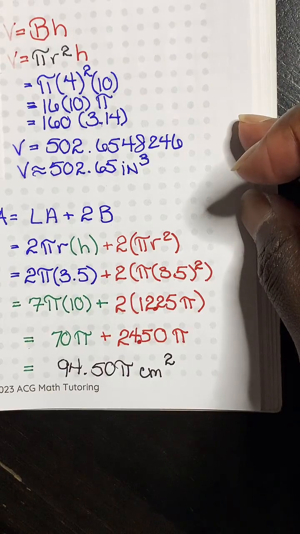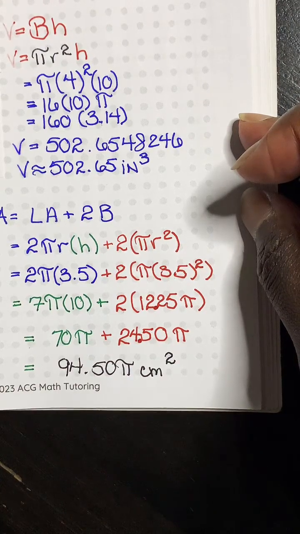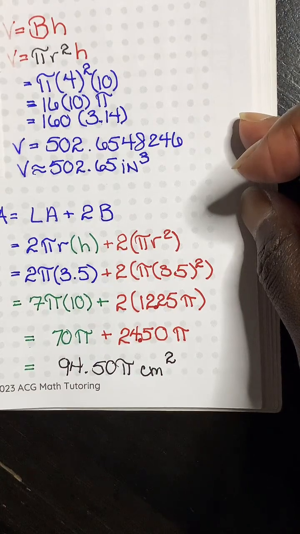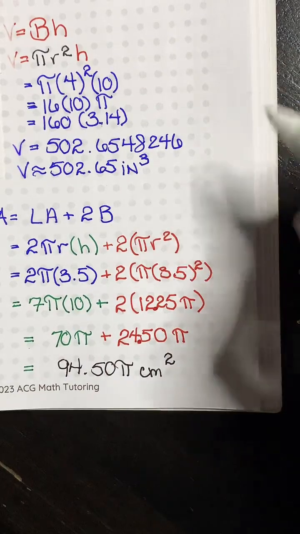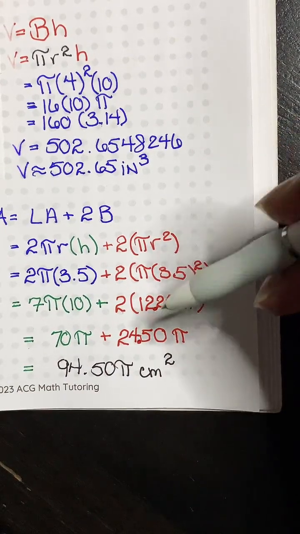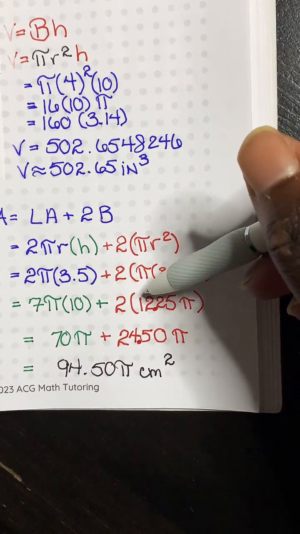You still want to hit those ones and twos, like the simple adding, subtracting, multiplying, dividing fractions and decimals and scientific notation. You want to hit on those questions, but you do not want to skip these. If you skip these questions, you automatically fail. I'm going to tell you right here and now.